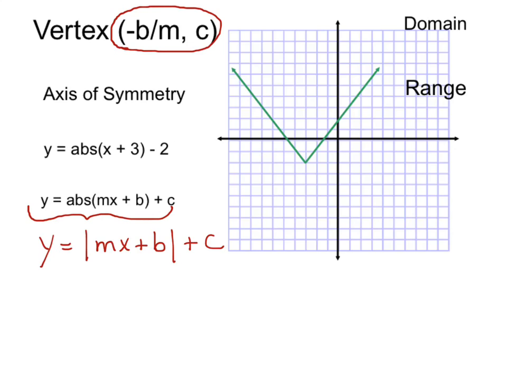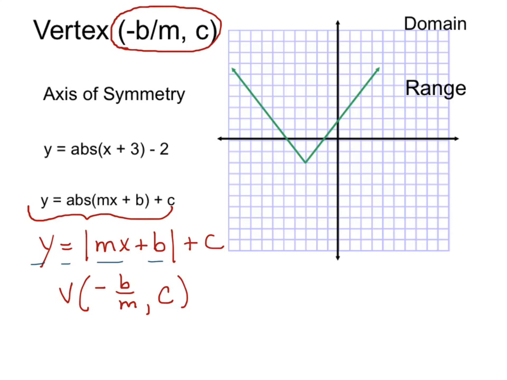The vertex of this is always located at the opposite of whatever b over m is, that ratio, comma, c. This equation is very similar to y equals mx plus b, but it's got the absolute values around the mx plus b. And then we have that c term that's kind of dangling off to the outside.